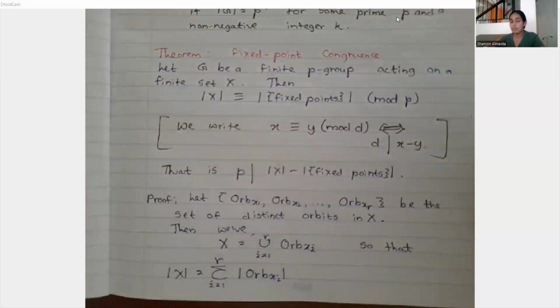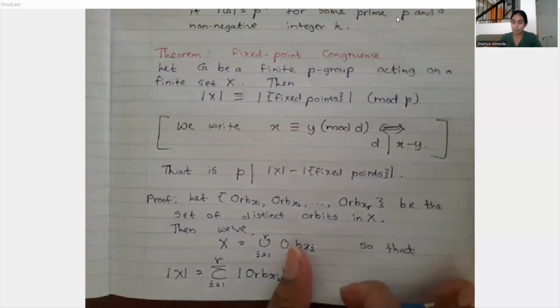Okay, now G is given to be finite. So once again, we are going back to the orbit stabilizer theorem.